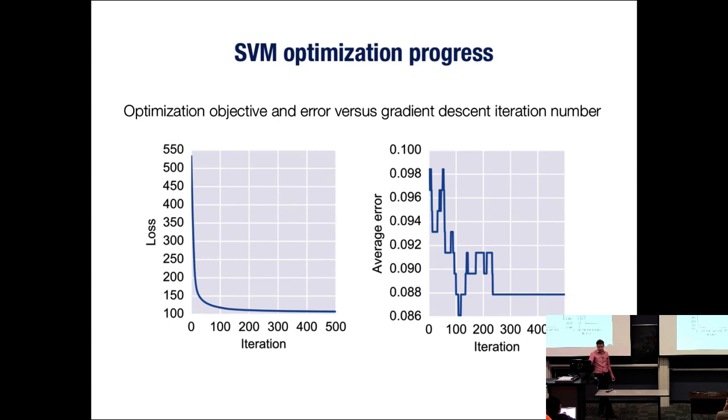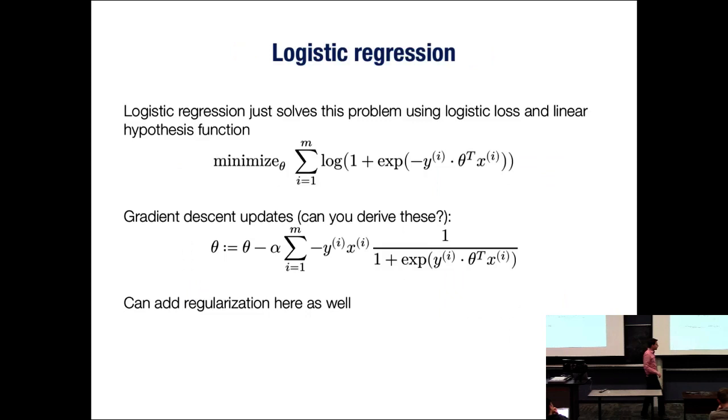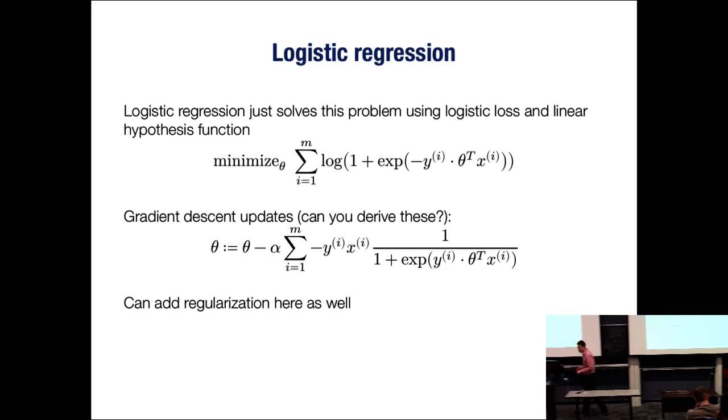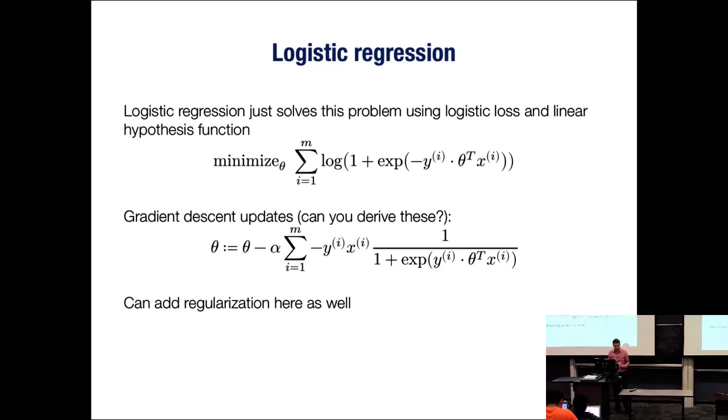OK. If there are no questions, I'll move on to logistic regression. So this is an algorithm that actually predates machine learning, like least squares. It predates the term machine learning by a long time. But I will formulate it and phrase it as a machine learning algorithm.